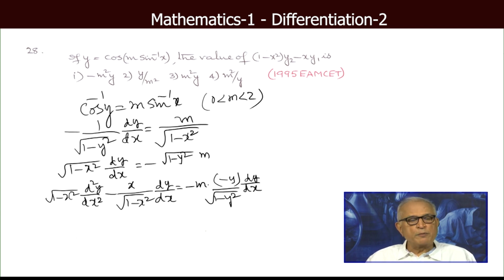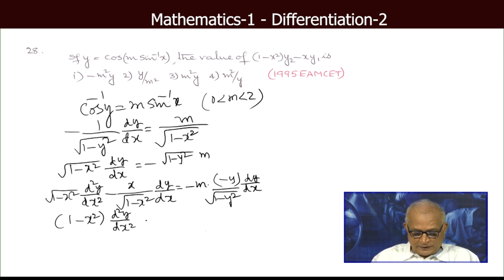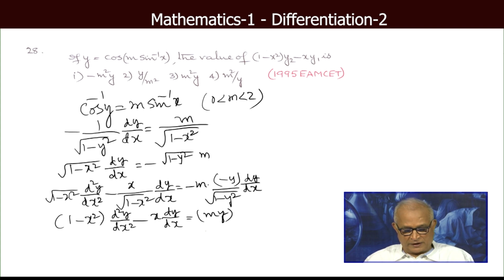Now, multiply throughout by root of 1 minus x square. 1 minus x square into second derivative of y with respect to x minus x into dy dx is equal to plus m times y into root of 1 minus x square into dy dx. What is root of 1 minus x square into dy dx?